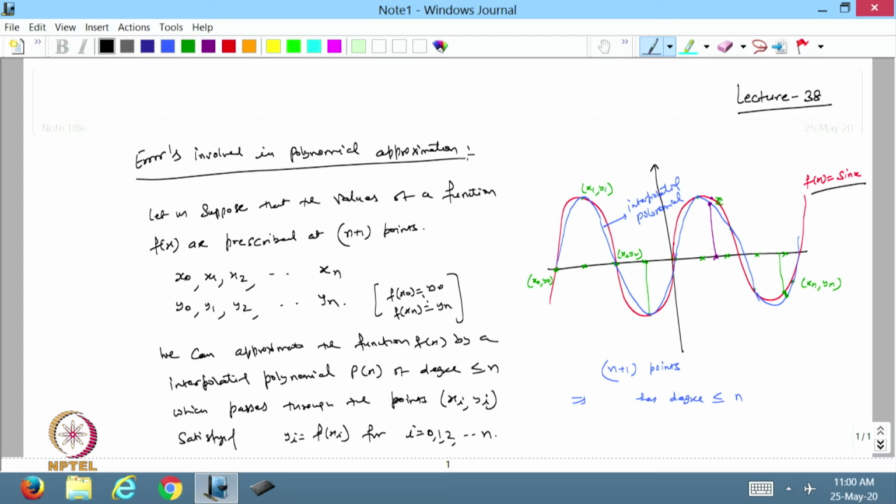So, we can approximate the function f(x) by the interpolating polynomial P(x) whose degree is less than or equal to n, which passes through the points satisfying this relation.